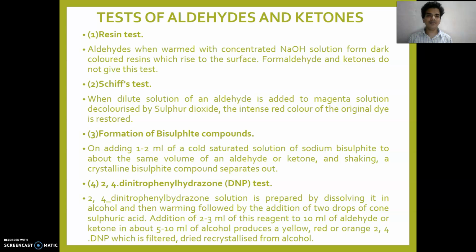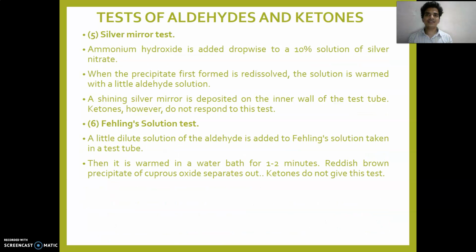The DNP solution is prepared by dissolving the reagent in alcohol and warming, followed by the addition of 2 drops of concentrated sulfuric acid. Adding 2 to 3 ml of the reagent to 10 ml of the aldehyde or ketone in 5 to 10 ml of alcohol produces a yellow to red colored 2,4-DNP derivative, which is filtered and the dry crystals recrystallized from alcohol. So this is the specific reaction.